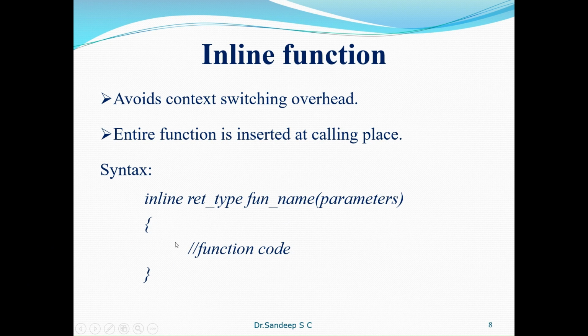Now when the function is defined with the inline keyword, whatever code we write, the entire code is copied to all the locations wherever the function is called. The entire function is inserted at the calling place or the calling location. Okay, so in the execution we will have the entire function in the one executable program or the function itself.